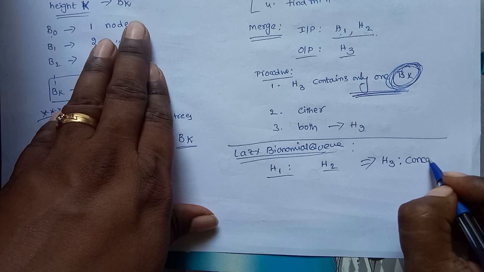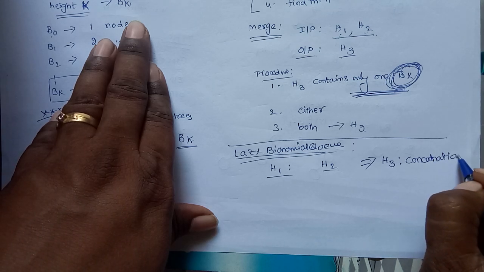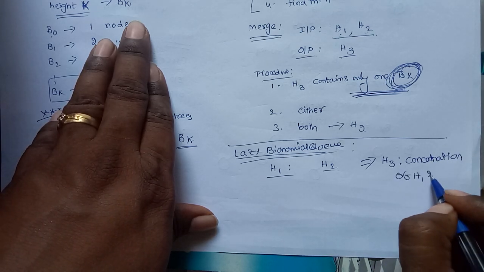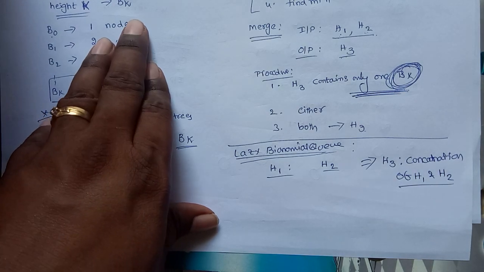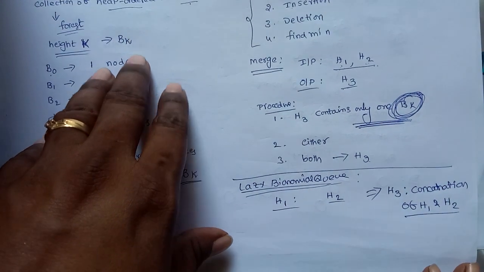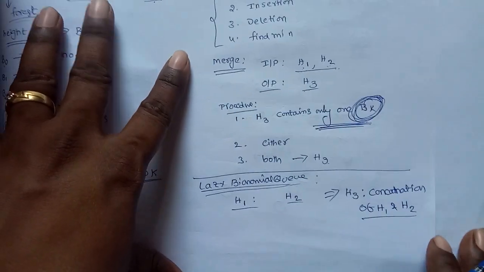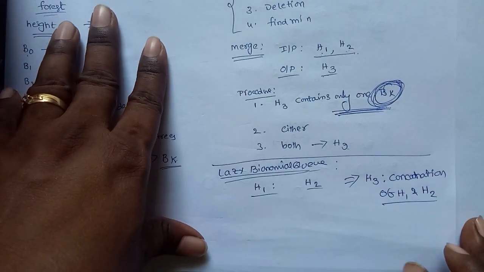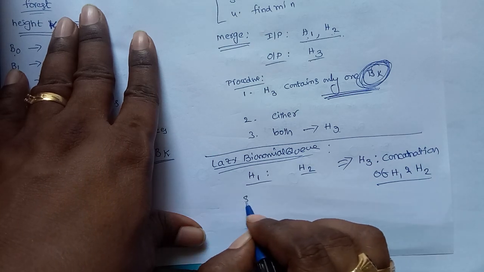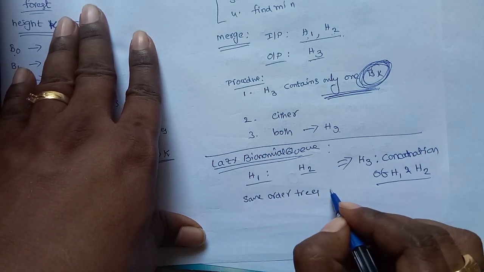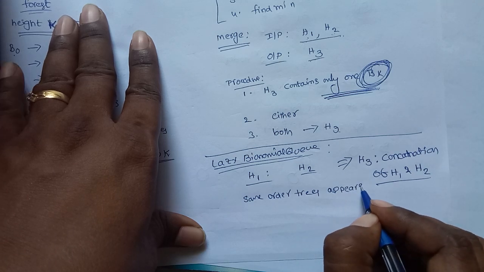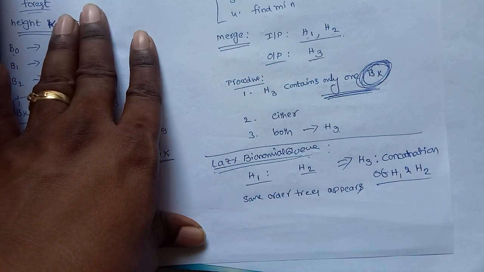H3 is simply a concatenation of H1 and H2. That means it does not perform any merge operation. Even if same order trees appear, it is called lazy binomial queue.